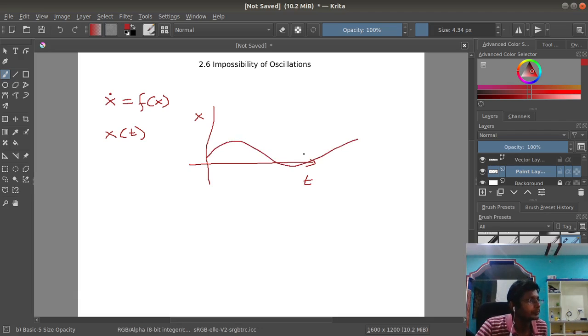Fine, and this is what the oscillation is, and the claim is it is not possible to have a solution in this manner. Why is it not possible?